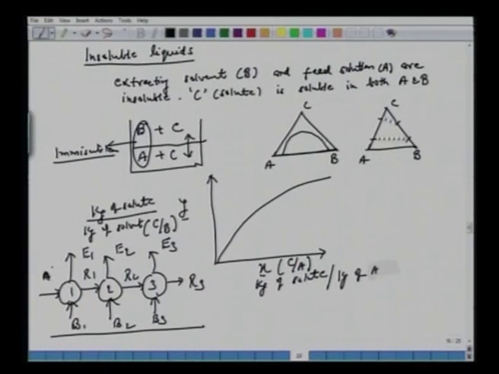Now since A and B are insoluble, you should also appreciate that instead of working on y and x, one can work on y dash and x dash.